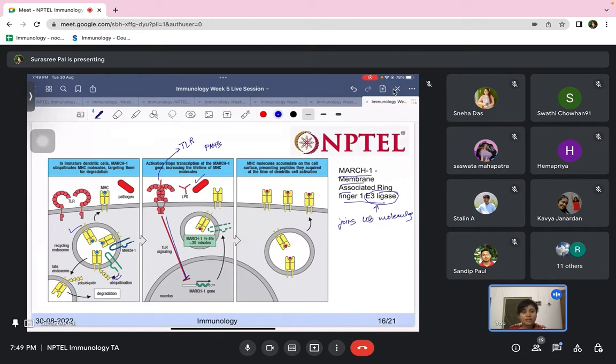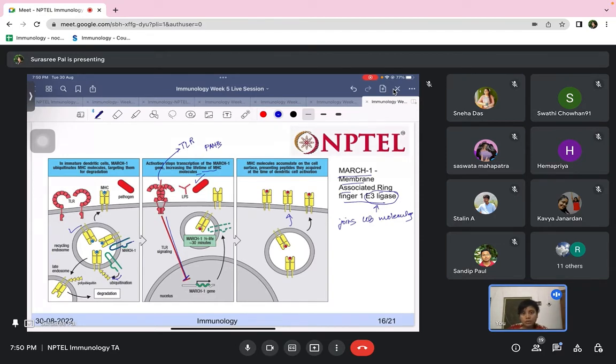Because of this reduction in the lifetime of March1, the lifetime of the MHC molecules will increase. Which means there will be no recycling. So now MHC molecules will accumulate on the cell surface, and they will present the peptides acquired during the activation by the pathogen.